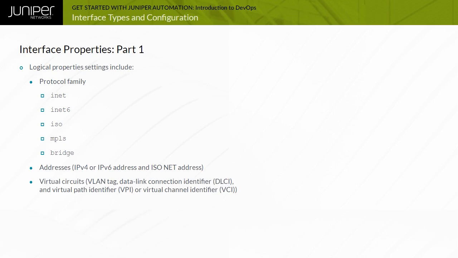Virtual circuits refers to the virtual circuit identifier such as a data link connection identifier, or DLCI, virtual path identifier, or VPI, virtual channel identifier, or VCI, or VLAN tag.